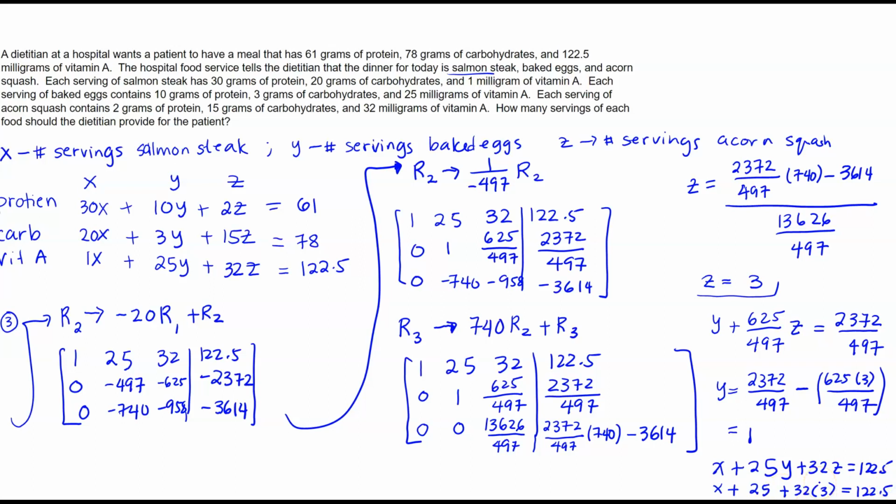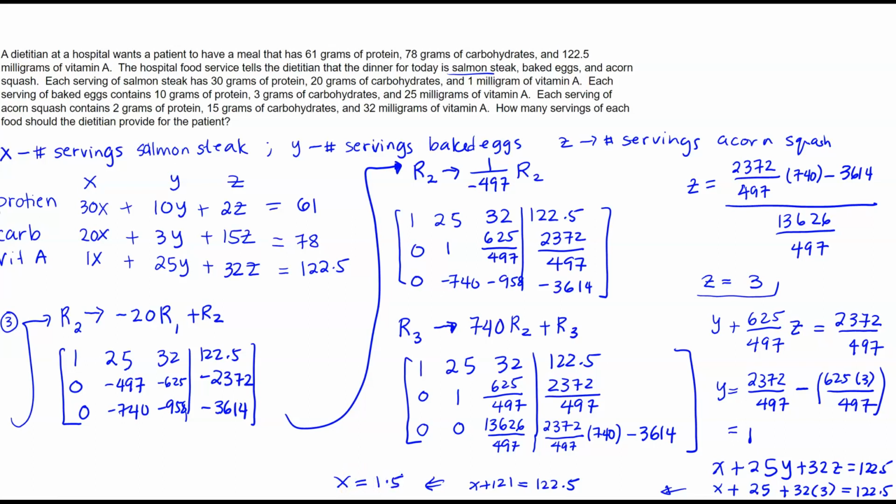Then you can multiply 32 times 3 plus 25. That gives you 121. So from here, you have x plus 121 is equal to 122.5. So therefore, x is just equal to 1.5.